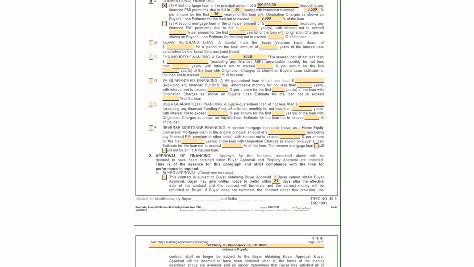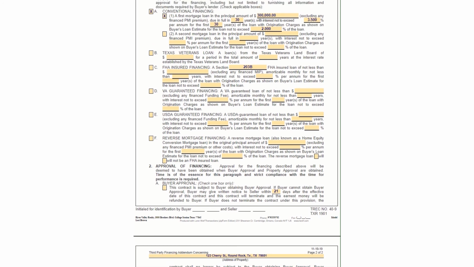So in our example, I'm going to go back and try to explain this where you can understand it. It can be a little bit complicated, but in our example, the buyer is putting up 25% for his down payment. So he's putting up $100,000 on a $400,000 property.